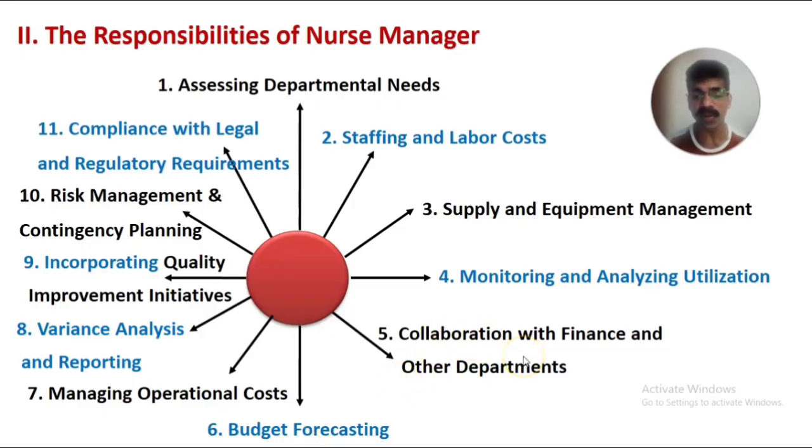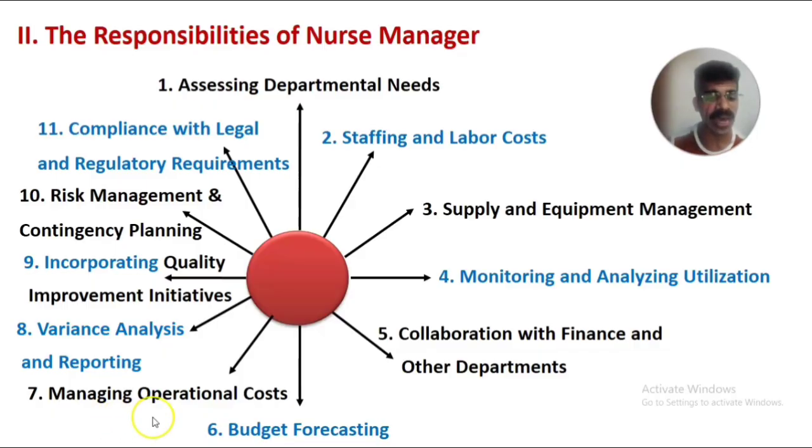Fifth is collaboration with the finance and other departments: collaboration and coordination with the finance department in the hospital and other departments for the sustainability of the budget. Sixth is budget forecasting, overseeing the expenditure and income, and balancing the budget.